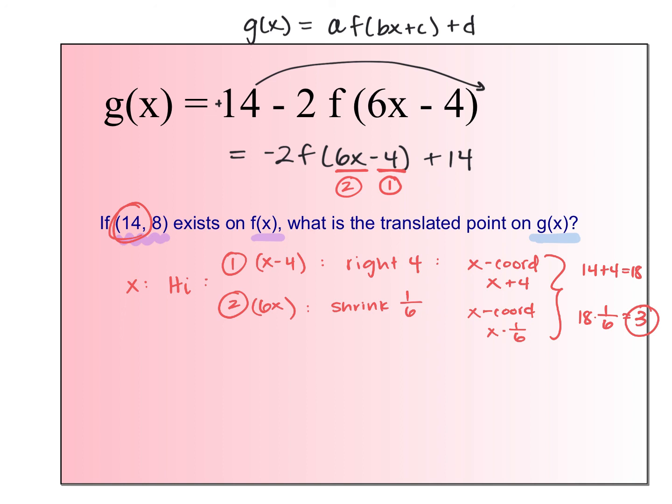Doing the same, but now to my y coordinate, I'm going to look for all vertical transformations. Following PEMDAS order, I'm first going to look at the multiply, second, look at the add. So first, multiplying by a -2, I know that negative is going to make it reflect, and it's going to stretch it.